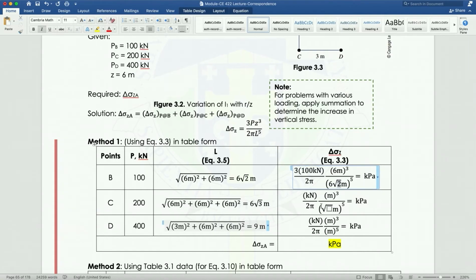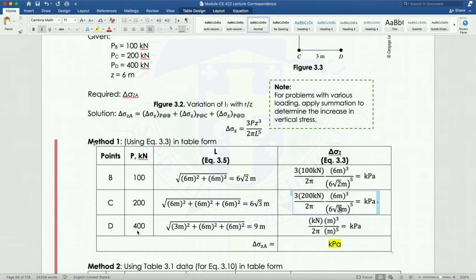Next, for point C, we again have 3 times our P, which is 200, and our z is the same, 6 meters, divided by L, and that is 6 times the square root of 3.